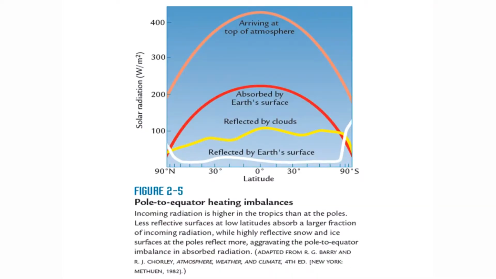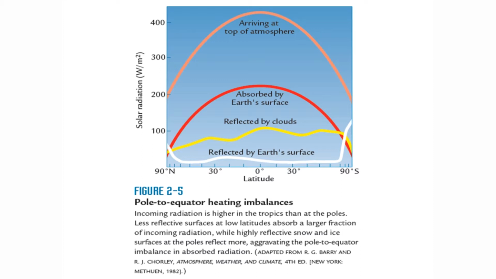And reflection at the surface, again, is very high at the poles, that is the first thing. I think you can immediately imagine why that is, because there is snow and ice at higher latitudes. At lower latitudes, the reflection is mostly from land or the ocean, which is relatively lower.